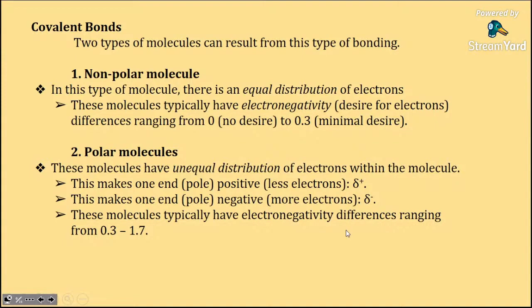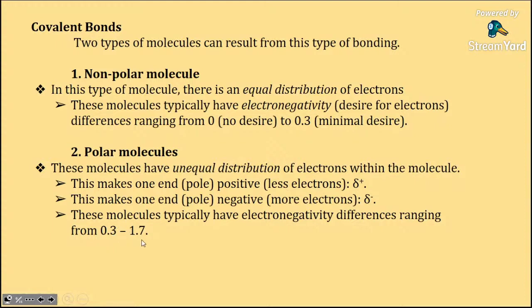And again, how do we get a polar molecule? Well, a difference in electronegativity. And if that difference ranges from 0.3 to 1.7, you're going to have a polar molecule. Now, key thing in this, if I've got an electronegativity difference of 0.3, that is not a very polar molecule. One atom has a stronger pull for the electrons than the other, but not too much of a stronger pull.